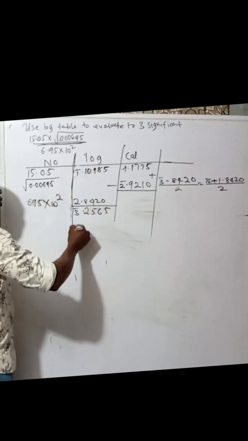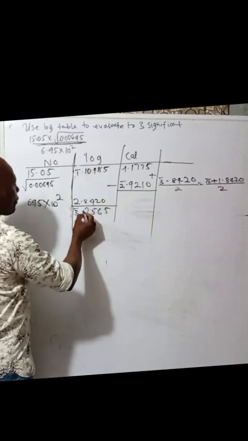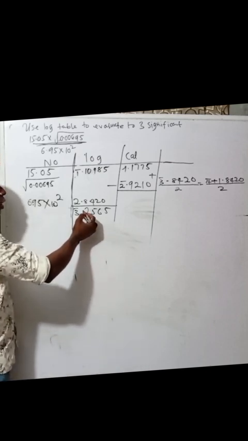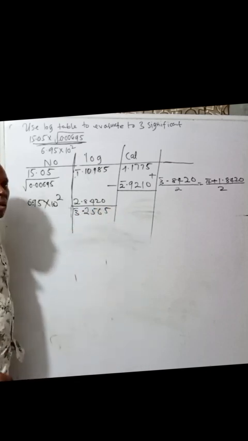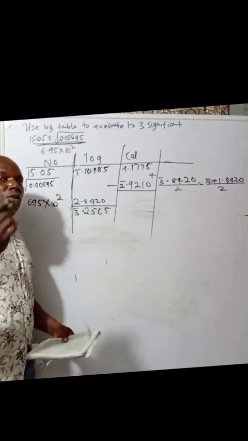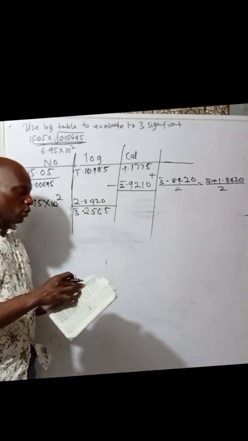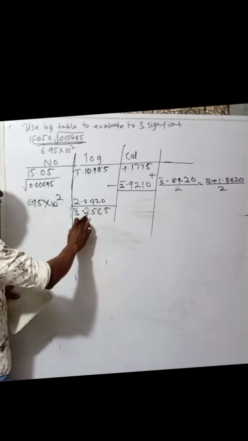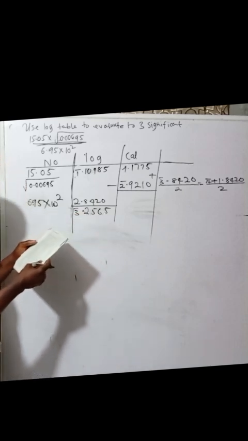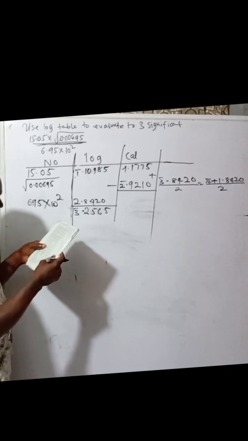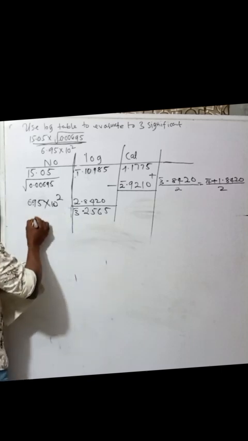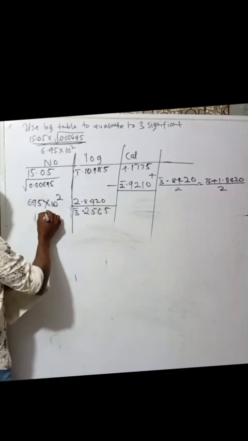So the next thing, this result obtained from this part here, from the mantissa, that is all the numbers after the decimal point to the right, will be our answer. So this time, we're not going to look at logarithm, we're going to look at the anti-logarithm of this number. We're going to look at 25 under 6. 25 under 6 is 1803.